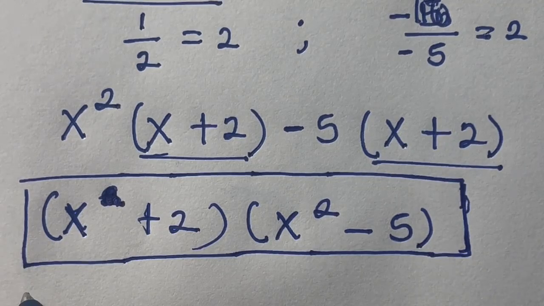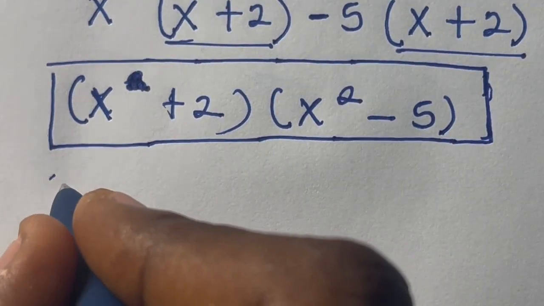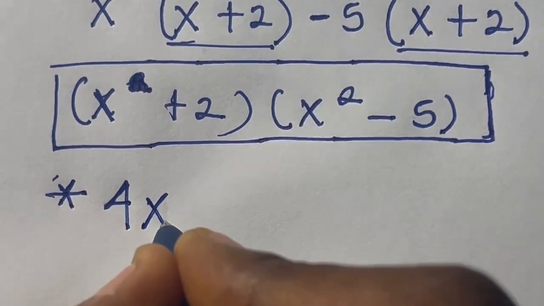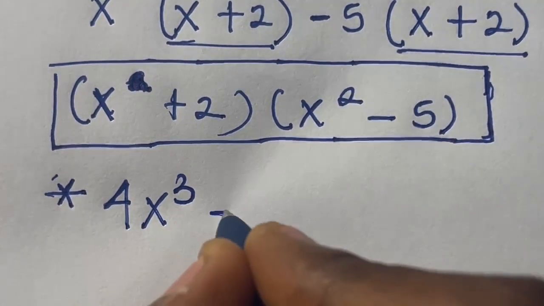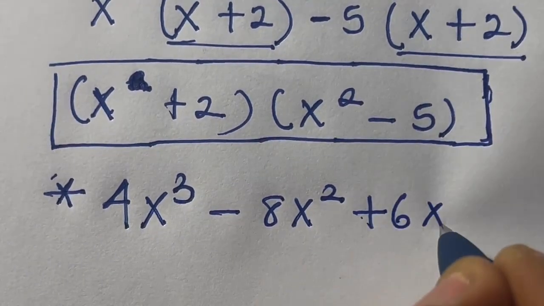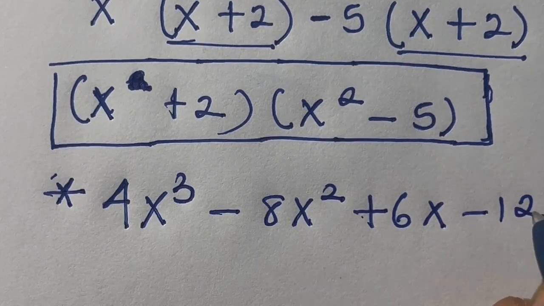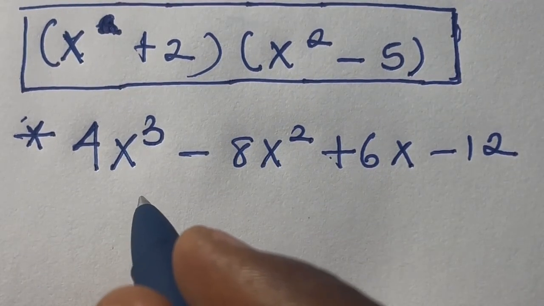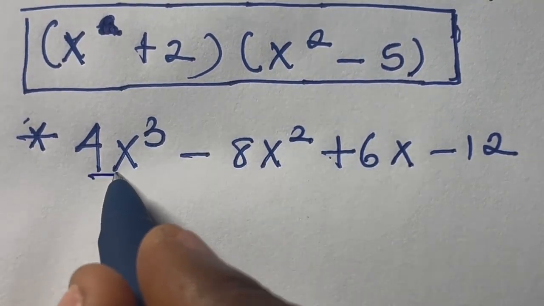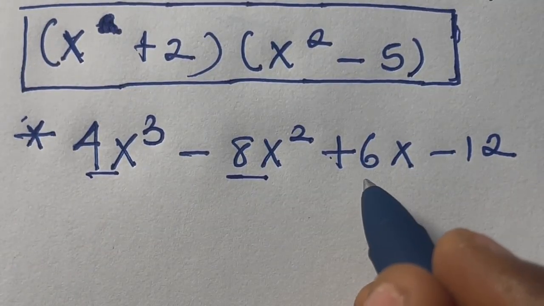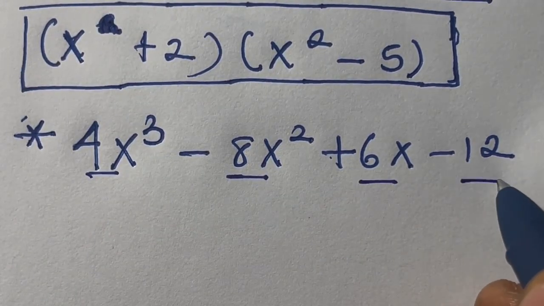Let's try another question. Let's say we have 4x cubed minus 8x squared plus 6x minus 12. What I told you earlier is to just look at this ratio and this ratio. Are they the same with the ratio of the last two terms?